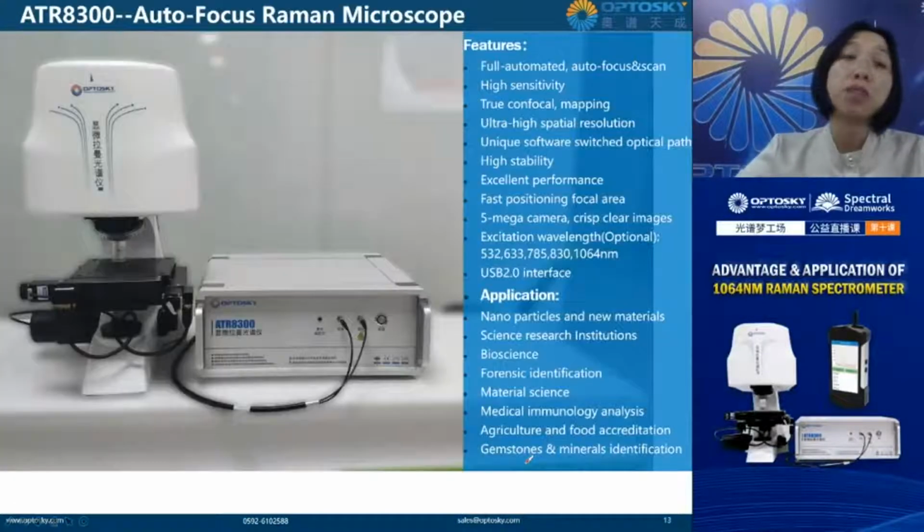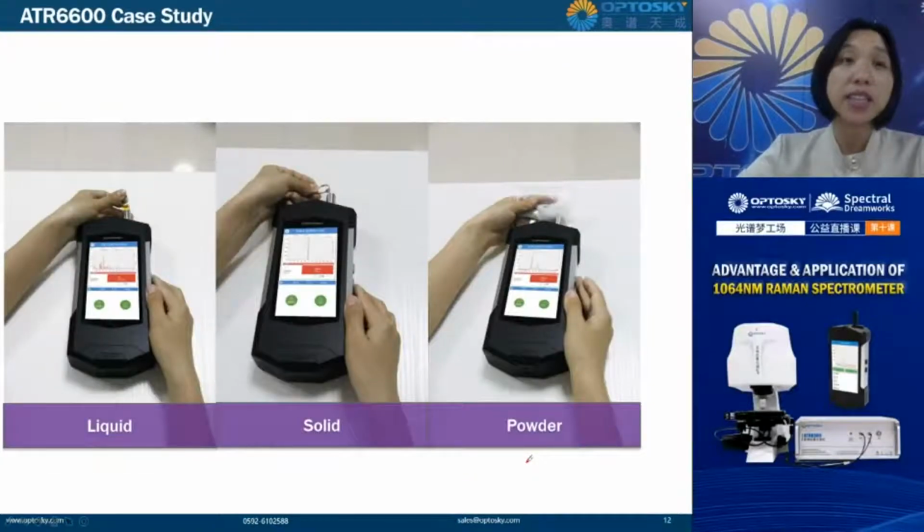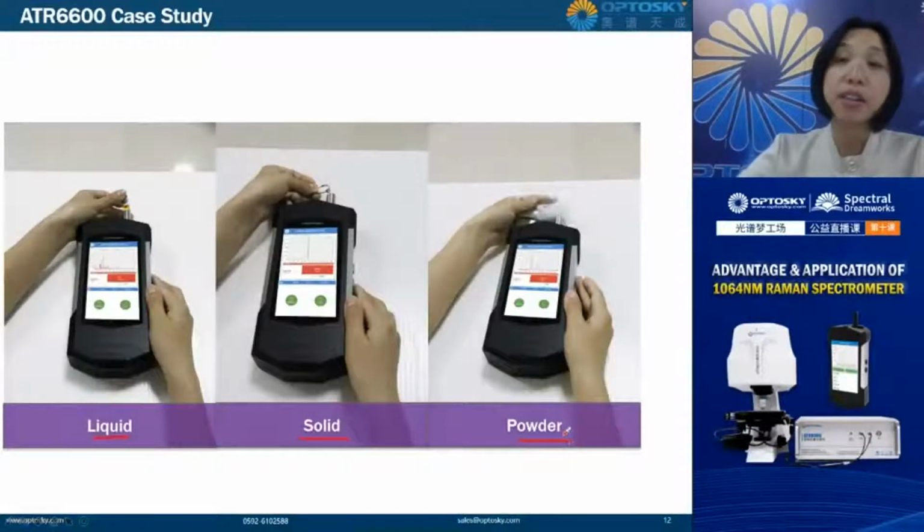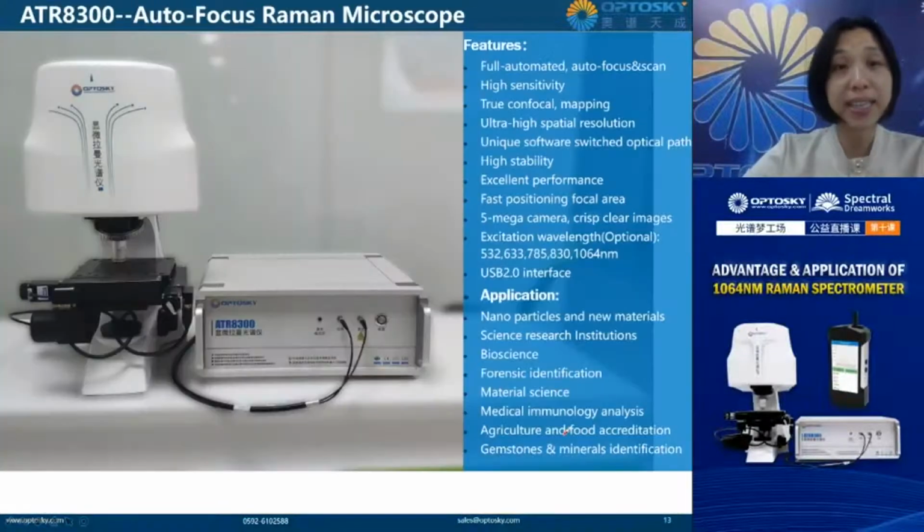After introducing the ATR6600, we can also introduce the accessories. ATR handheld Raman spectrometers can be used to detect liquid, solid, and also powder, and can detect through transparent or semi-transparent plastic bags, bottles, and other packaging.